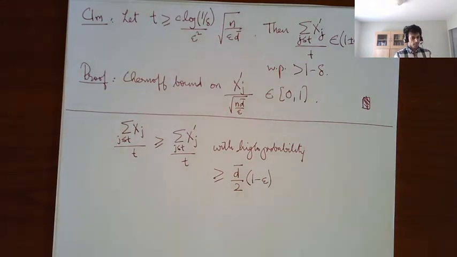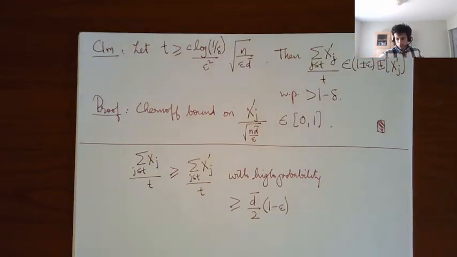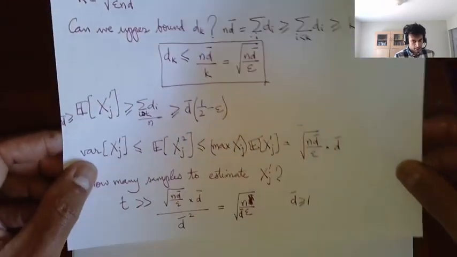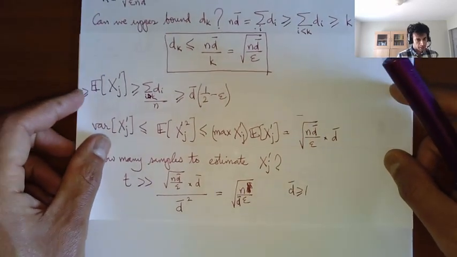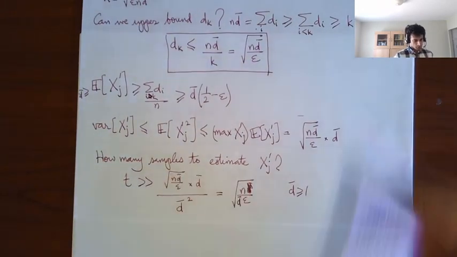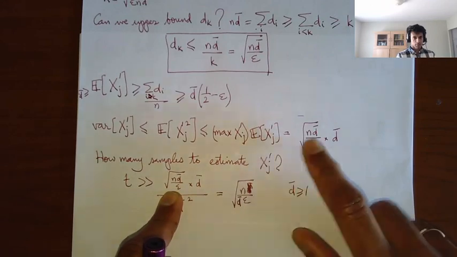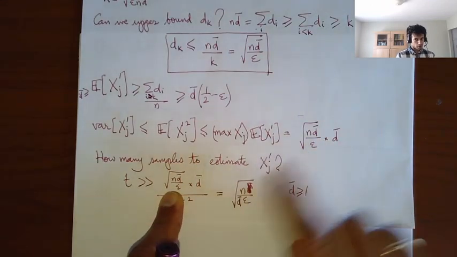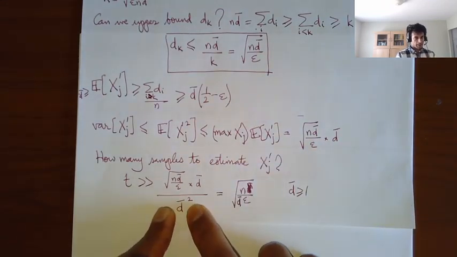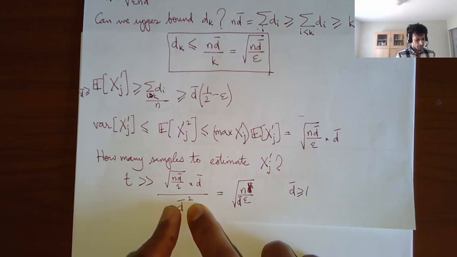Okay, so what I'll do is I'll pause here, take any questions about this, because this was the major part of the analysis, and then I can talk about the rest of it. So just want to reiterate that I had a typo over here. The number of samples again was the variance, that is this quantity here, divided by the expectation squared, right?